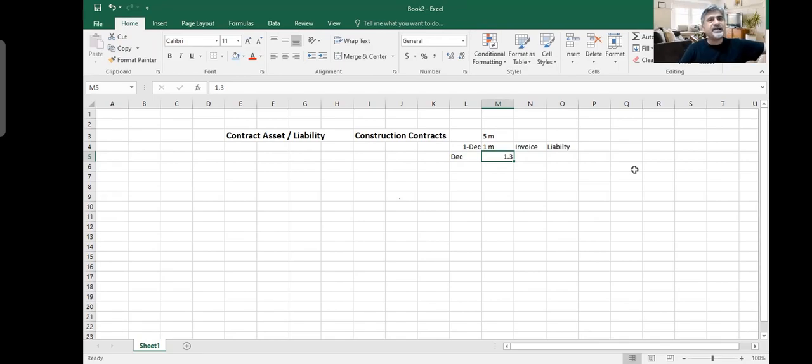So it's not like I will go to them and say, you know what, you gave me 1 million, I spent 1.3, now give me 300,000. It will not be done like this because payments are made on certain stages. It is already defined in the contract that when you finish foundation, we give you first payment. You finish the structure, we give you second payment, or maybe the payments are made on monthly basis.